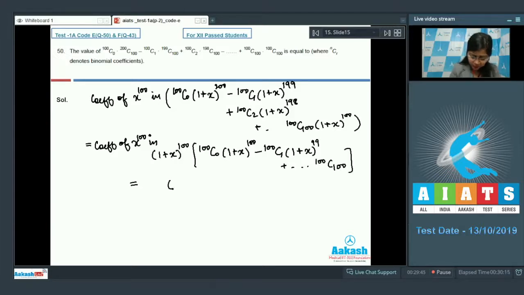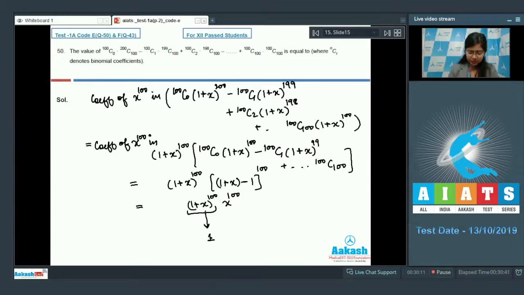Now this is equal to (1+x) raised to the power 100 into, now this is the expansion of ((1+x) minus 1) whole raised to the power 100. This is equal to (1+x) raised to the power 100 into x raised to the power 100. So we have to find the coefficient of x raised to the power 100, which means we have to find the constant term from this, that is 1. So the answer is 1.